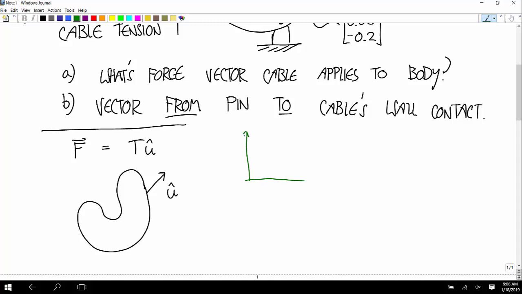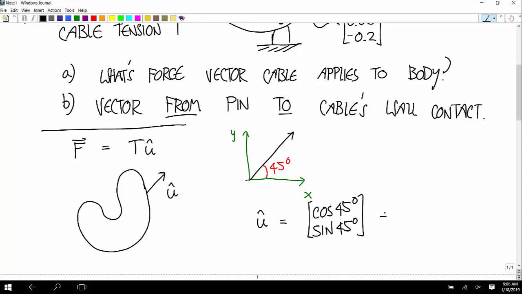Think of the coordinate system with an angle of 45 degrees. The unit vector is just cosine of 45, sine of 45, so 0.7071, 0.7071.